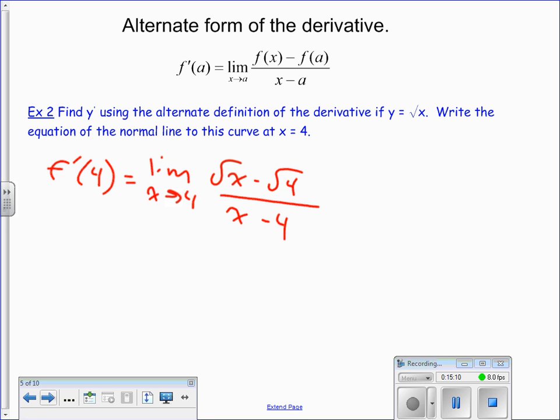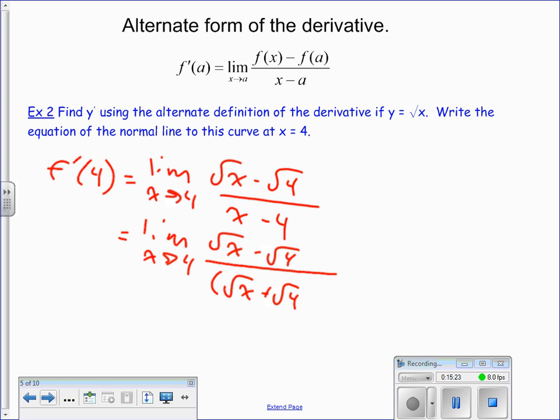However, anything minus anything is the difference of 2 squares.